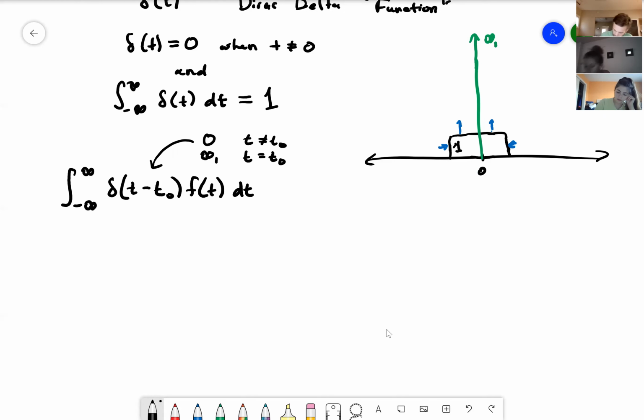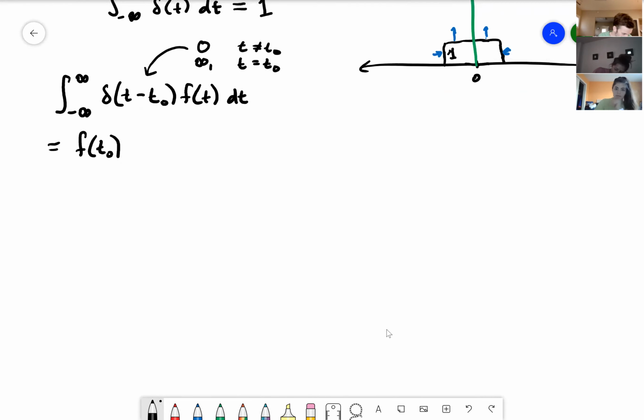And that special infinity multiplied by the value of f of t worked out perfectly so that the area under the curve was just whatever the value of f was at t0. That was a really interesting property. It allowed the Dirac delta function to pick out a particular value of this function using the integral.